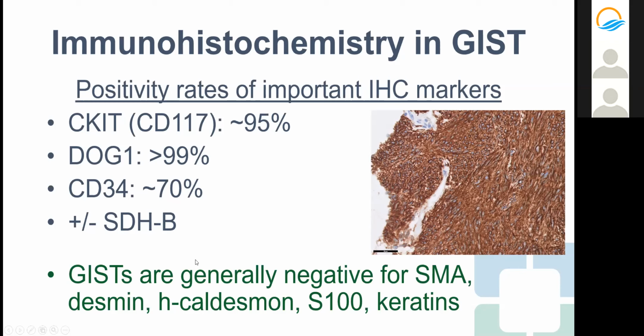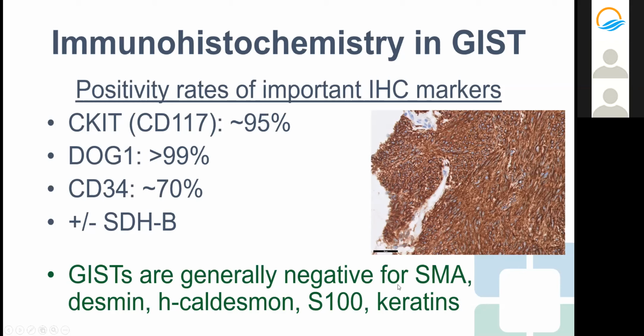We won't get into the names of the other tumors that we consider when we're looking at a GIST, but suffice it to say that there are markers that most pathologists will perform to exclude these other tumors that can look exactly like a GIST under the microscope. So generally, you'll see confirmation in your pathology report that your GIST tumor is negative for SMA, which stands for smooth muscle actin, desmin, H-caldesmon, S100, and keratins.